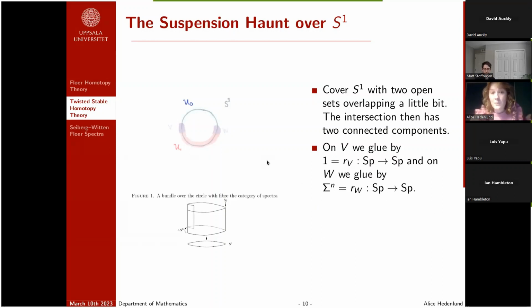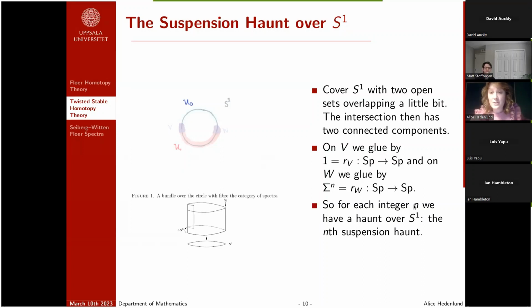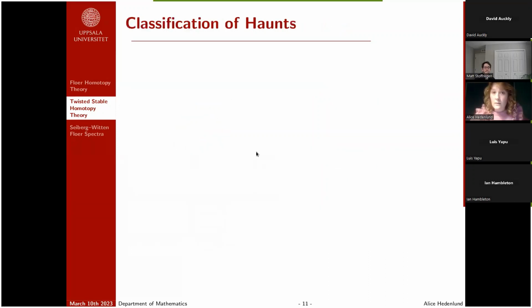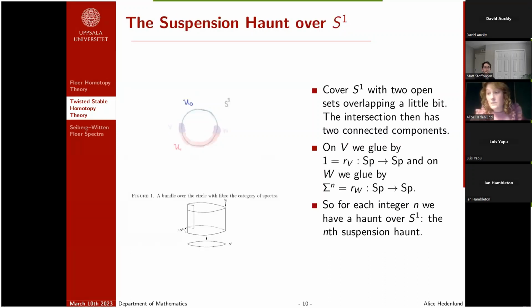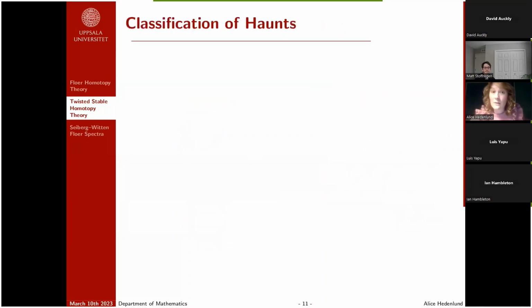So in particular, this means that for each integer n, we have one of these haunts over S^1, determined by how many times we suspend our spectrum when we go once around. And it turns out that this is basically all the haunts that exist on S^1.